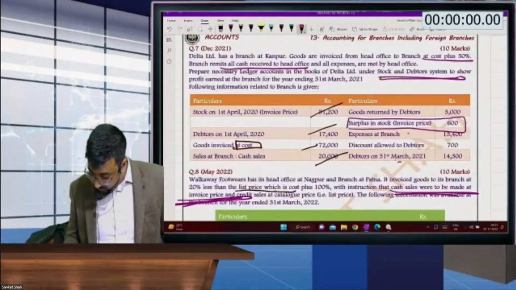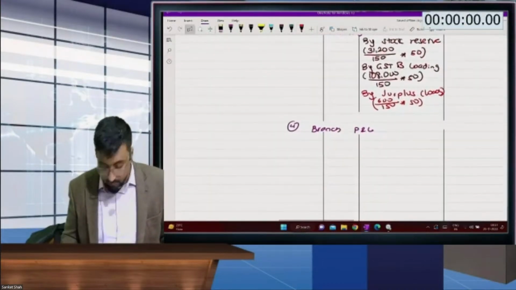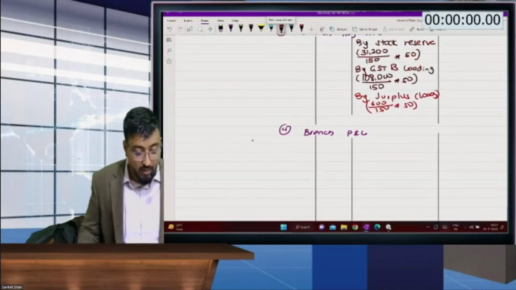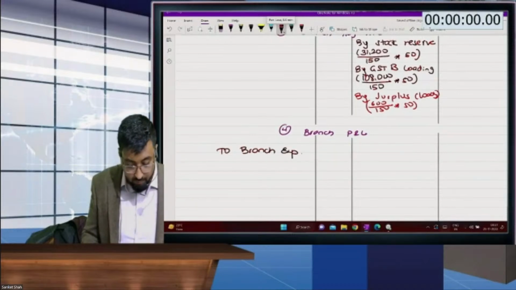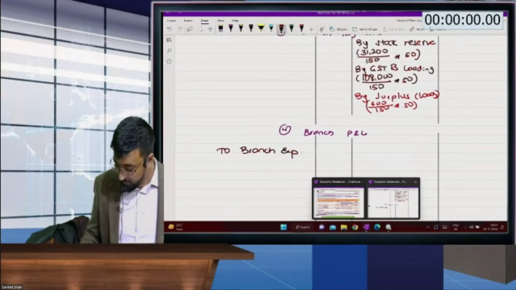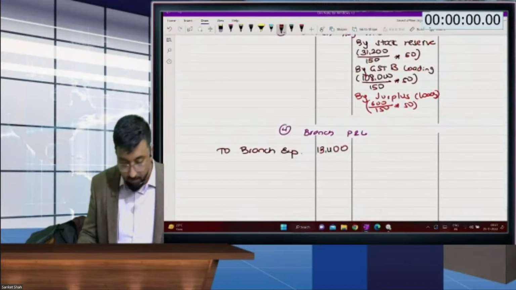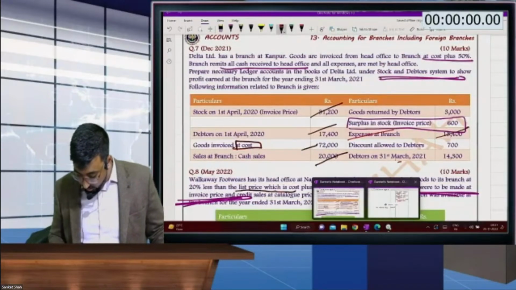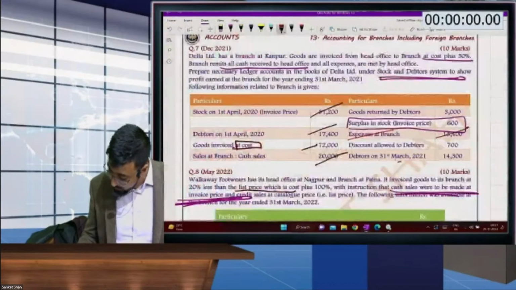Next, expenses at branch, in the debit of expenses. So branch expenses in P&L debit side, 13,400. Next, discount allowed, to discount in P and L, how much? 700.